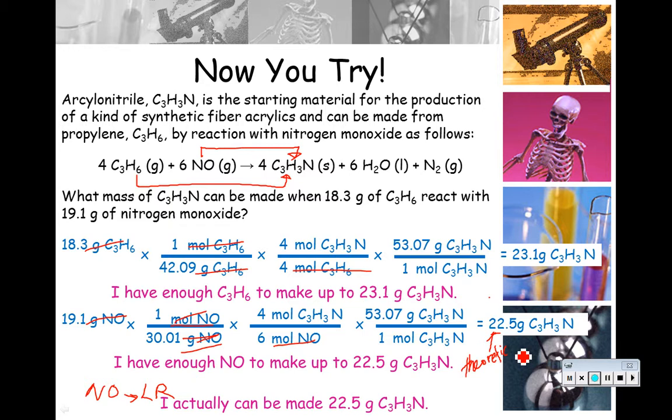Now, I'm going to switch it up real quick. If I already decided that that's my limiting reactant, and I know that this is my theoretical yield, what if I want to know how much of C3H6 is going to be left over? This is how you calculate it.